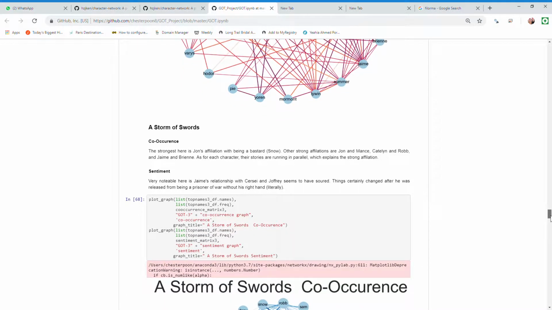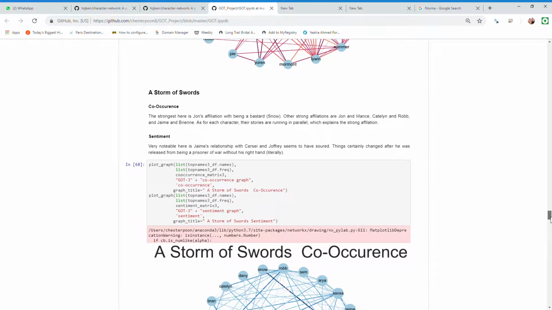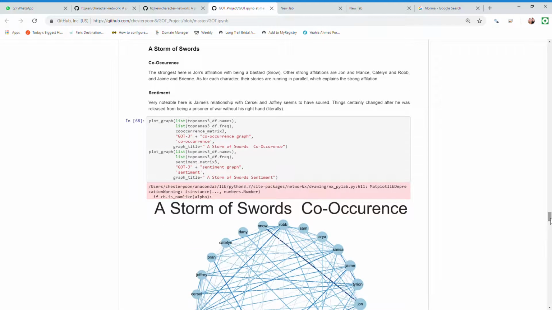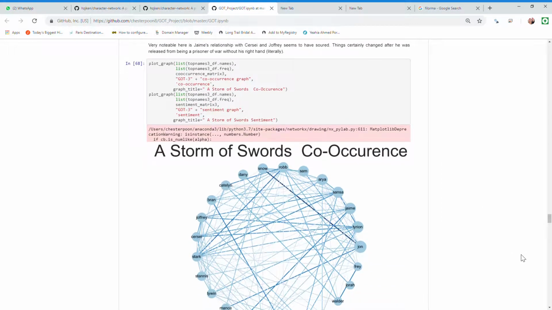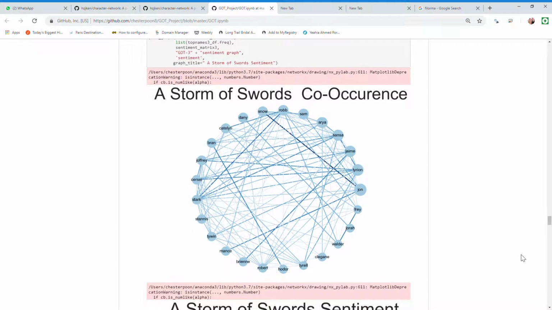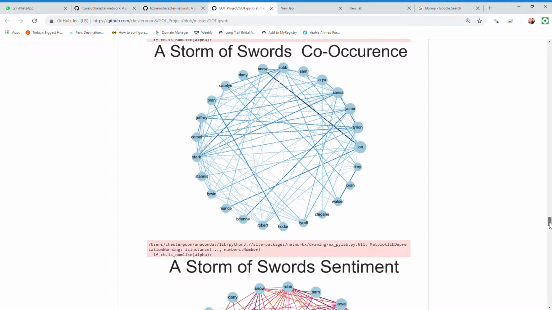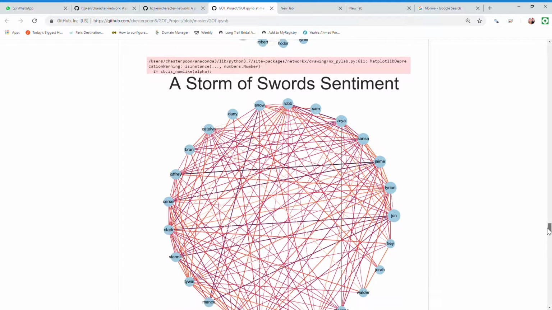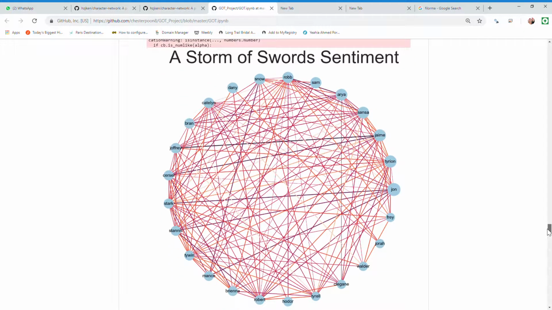the strongest here is Jon with Snow, as you can see. Other strong affiliations are Jon and Mance. Sorry, Catelyn and Robb. So Catelyn to Robb would be, but yeah. And we could then look at, once again, the sentiments.